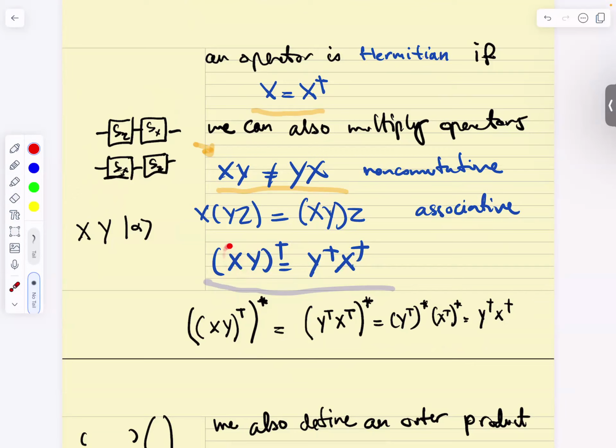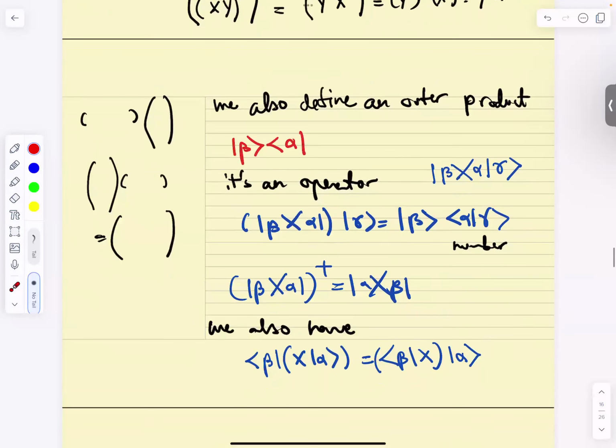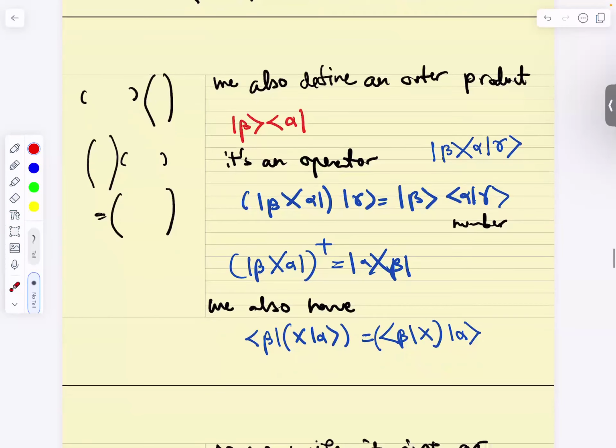So if I take this to be a column vector and this a row vector, you could run similar arguments and you obtain this, right? The dagger of this guy comes to the right side and becomes this. The dagger of this guy comes to this side and becomes this. So this is the dagger of the outer product. Similarly, the same operation holds if we act on the bra.